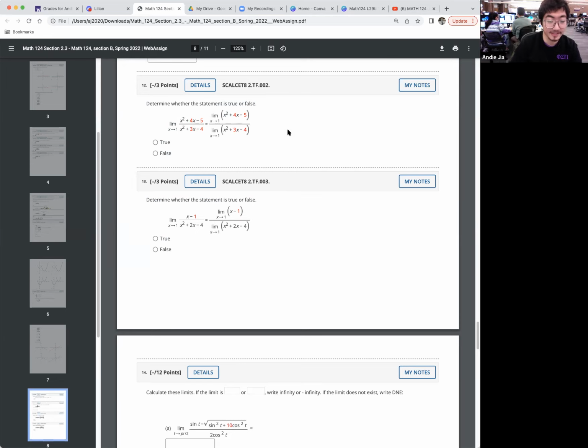So this is a 0 over 0 limit. This one, just not factor: 1 is not 0, and the numerator is 0, then the whole thing is 0.